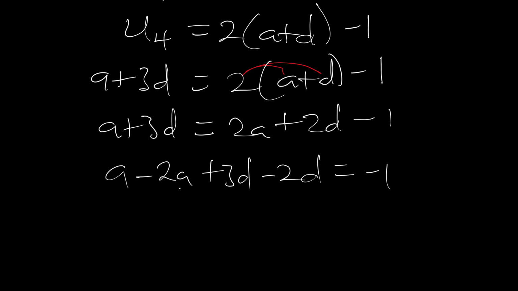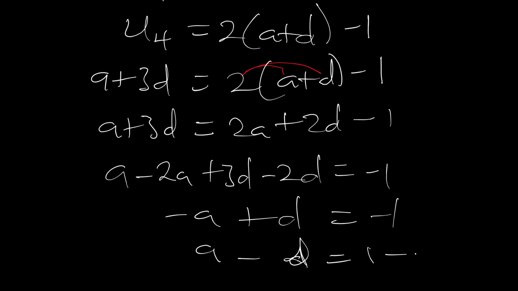So a - 2a, we have -a + d is equal to -1. We can as well divide everything by -1, and when we do, we have a - d is equal to 1. So let's say this is equation 1.